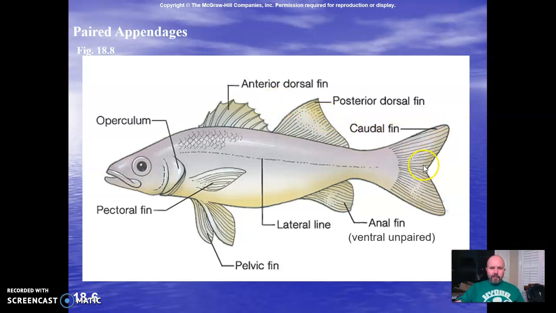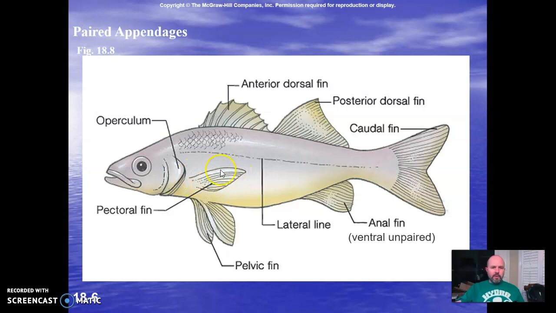The caudal fin, that is the tail section of the fish, so the fin that they use a lot for propulsion. They will have often an anal fin. The anal fin usually is a single fin, unpaired fin. Then 2 sets of paired fins.